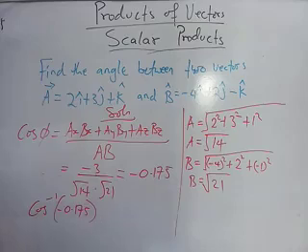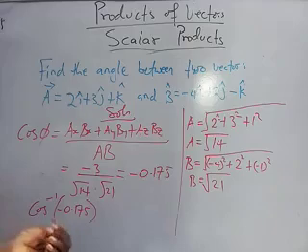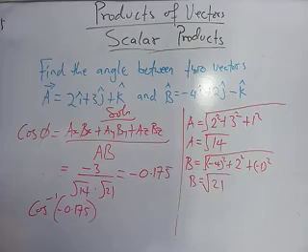But when it is negative, we say our angle is between 90 and 180. I explained that when I started scalar product. So what are we going to input between 90 and 180 that will give us this cos?